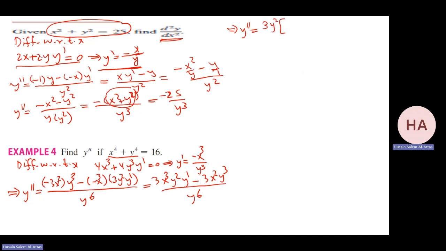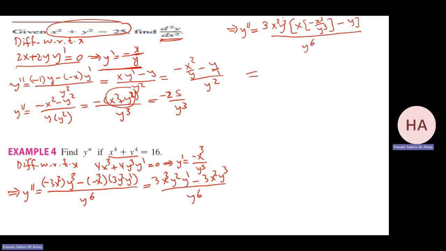Not only 3y squared, I can have 3x squared y squared as a common factor. And the remaining is what? x times y prime. What is y prime? Minus x cubed over y cubed. Minus y, over y to the power 6.